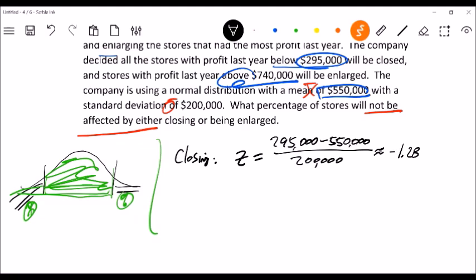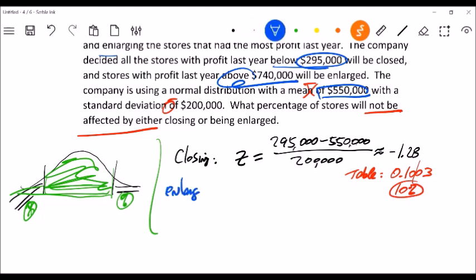When I go to the table for that number, it gives me a percentage of 0.1003. Can't round that, so it's 10%. Now, let's do enlarging.